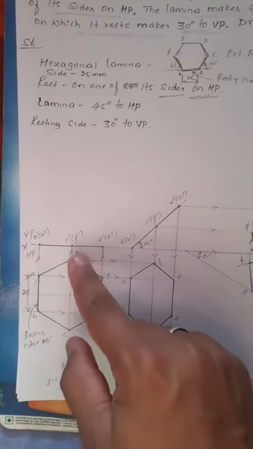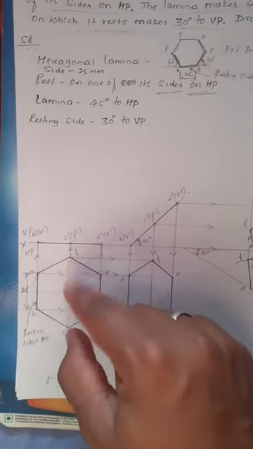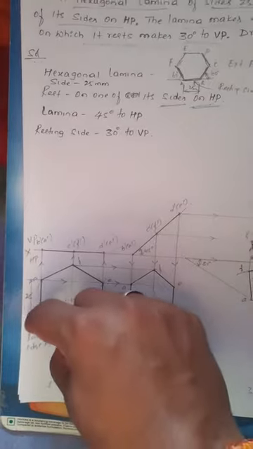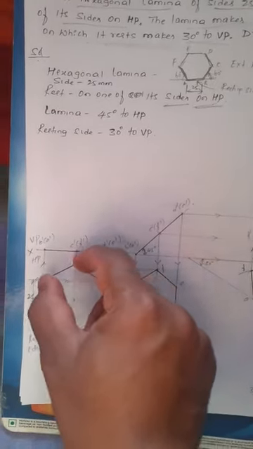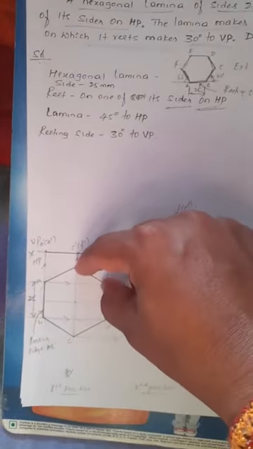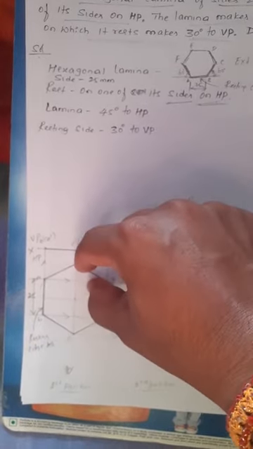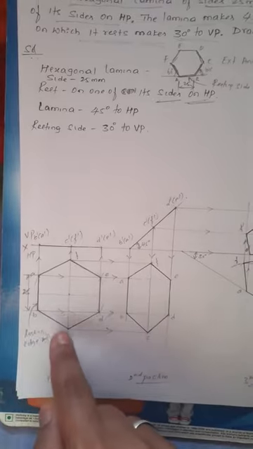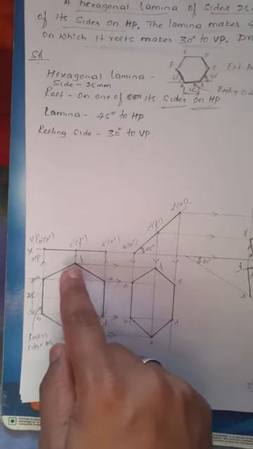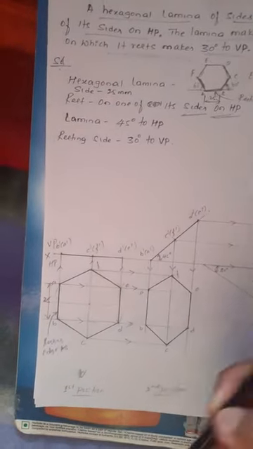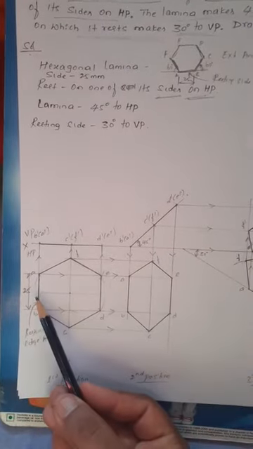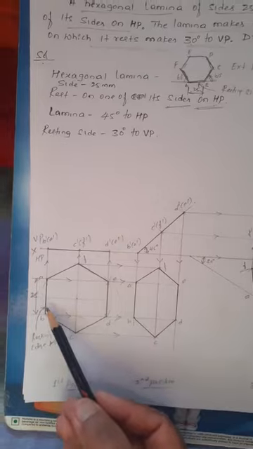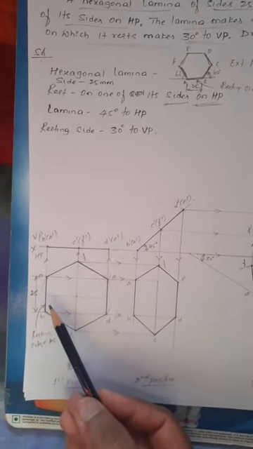Then take the same compass radius 25 mm and draw one more arc from the vertical line's intersection with the circumference. Now we get the points. Then join all the points A, B, C, D, E, F and A. That gives a regular hexagon. The resting edge is AB.